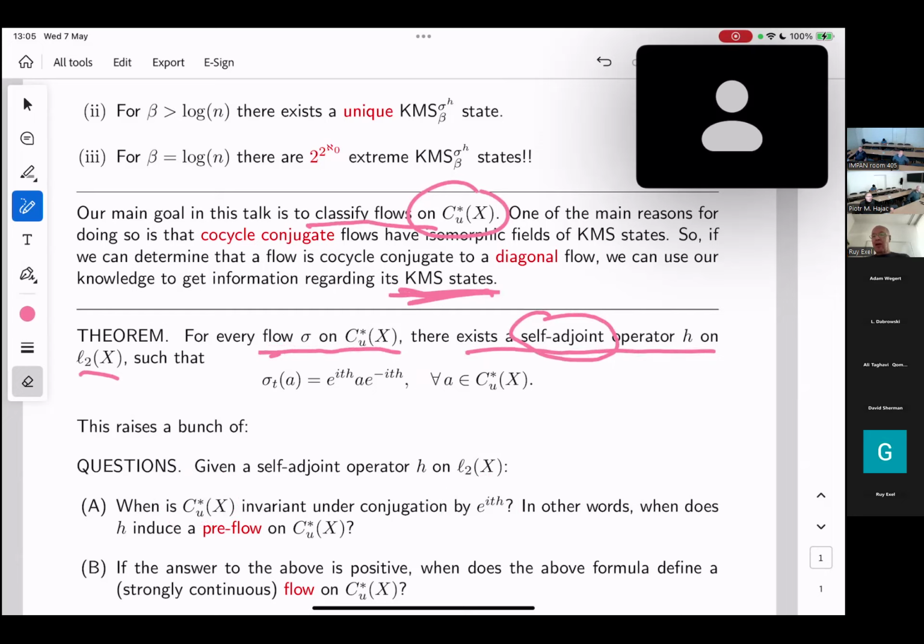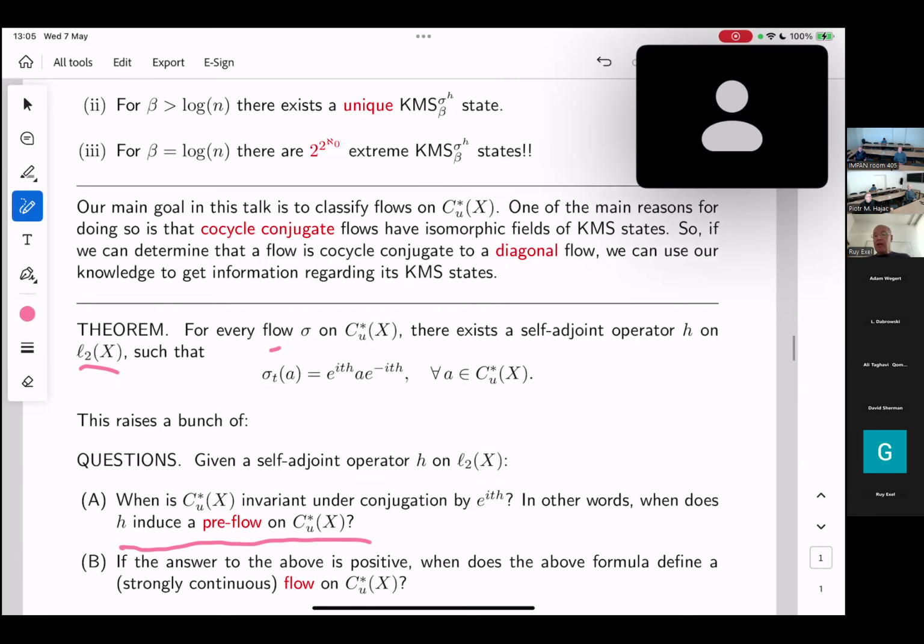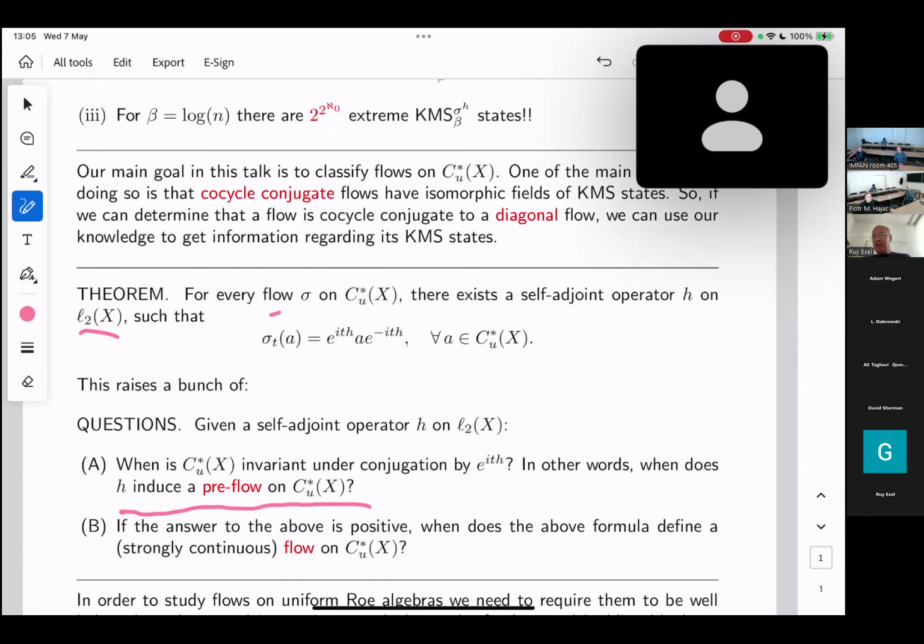In other words, when does H induce a preflow on C star U of X? Given any operator, you can ask this question. Now, if this question is answered positively, then we can ask, when does this formula up here define a flow on C star of U?